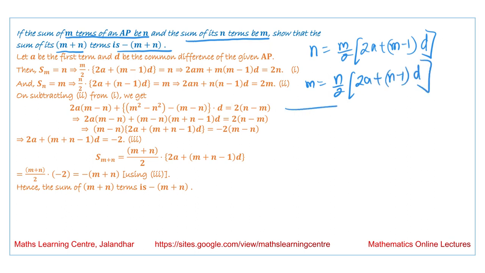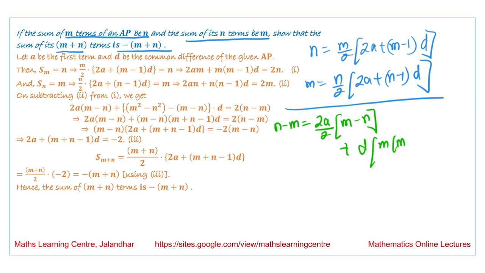Now if we subtract both these equations, we will obtain n minus m is equal to 2a by 2 into m minus n plus d into m square minus m by 2 minus n square minus n by 2.